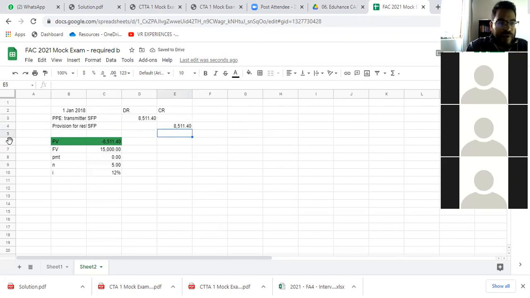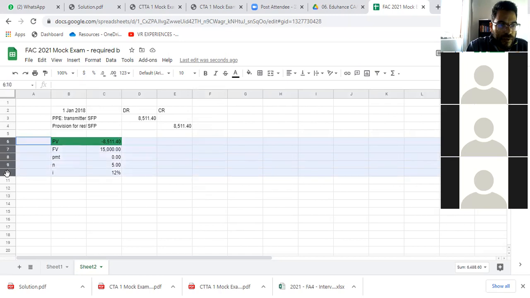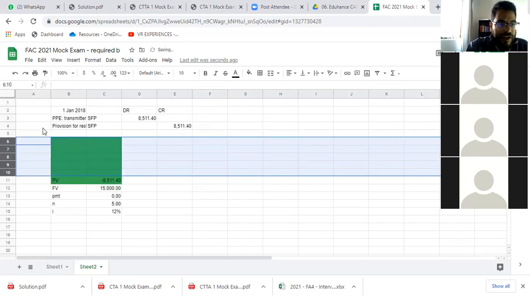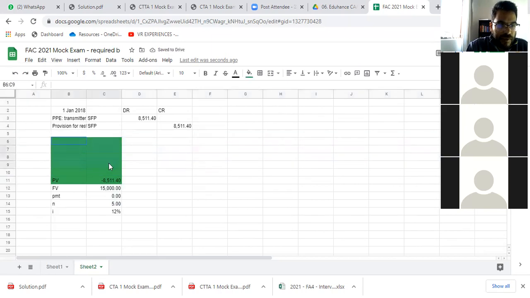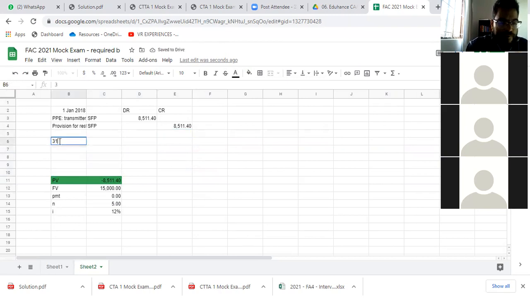Then at 31 December 2018, all you're going to do, specifically relating to the provision, is say interest expense, and you will have provision for restoration.